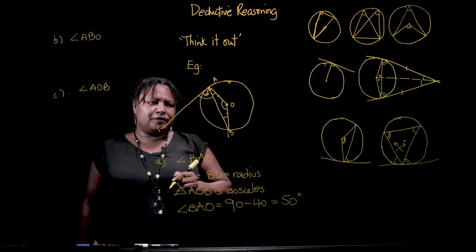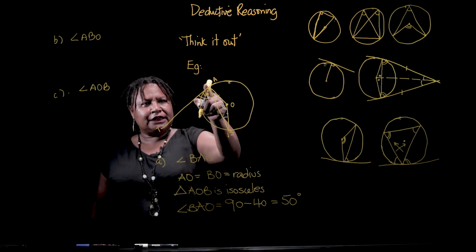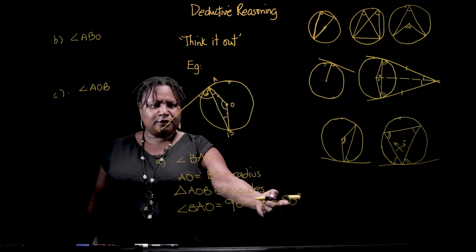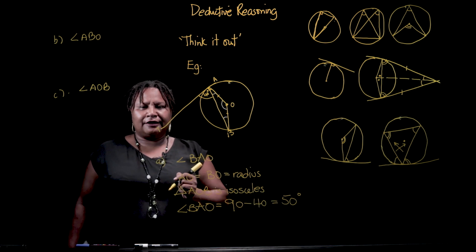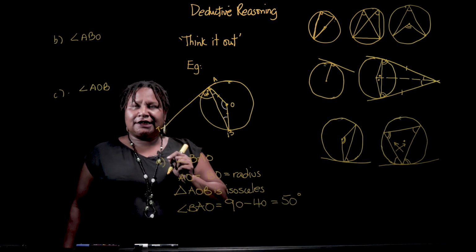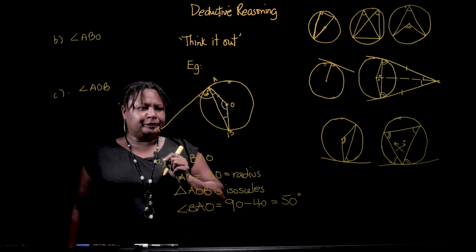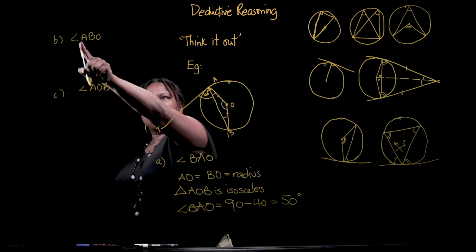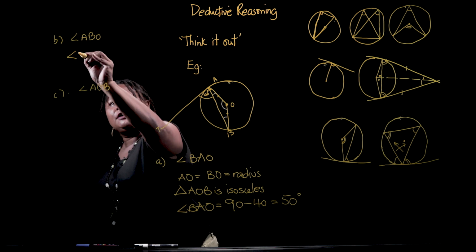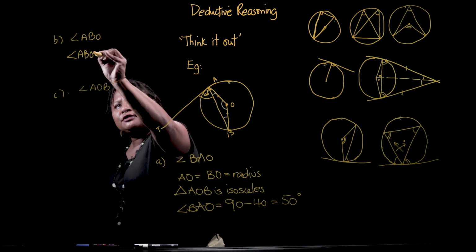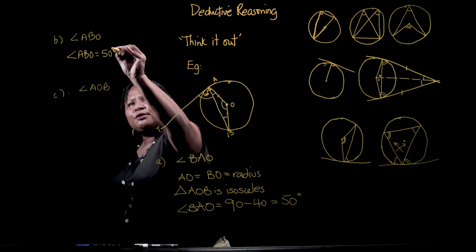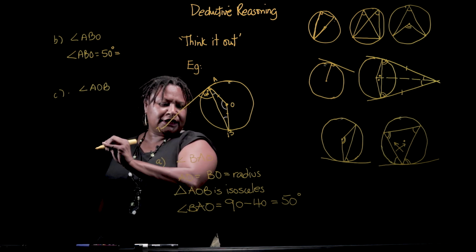Okay, so we found angle BAO to be 50 degrees. And because it is an isosceles triangle, angle ABO is also equal to 50 degrees.